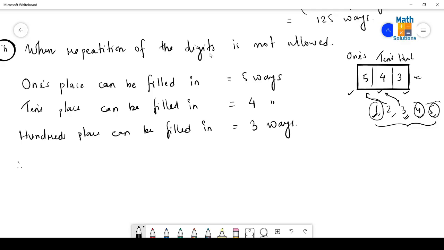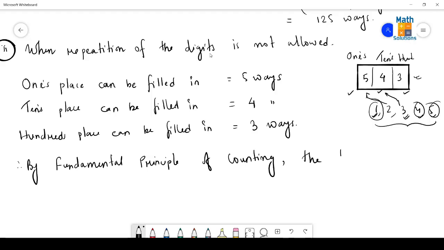So how do I write? By fundamental principle of counting. Why am I writing counting? Because the fundamental principle of multiplication comes under the fundamental principle of counting only.